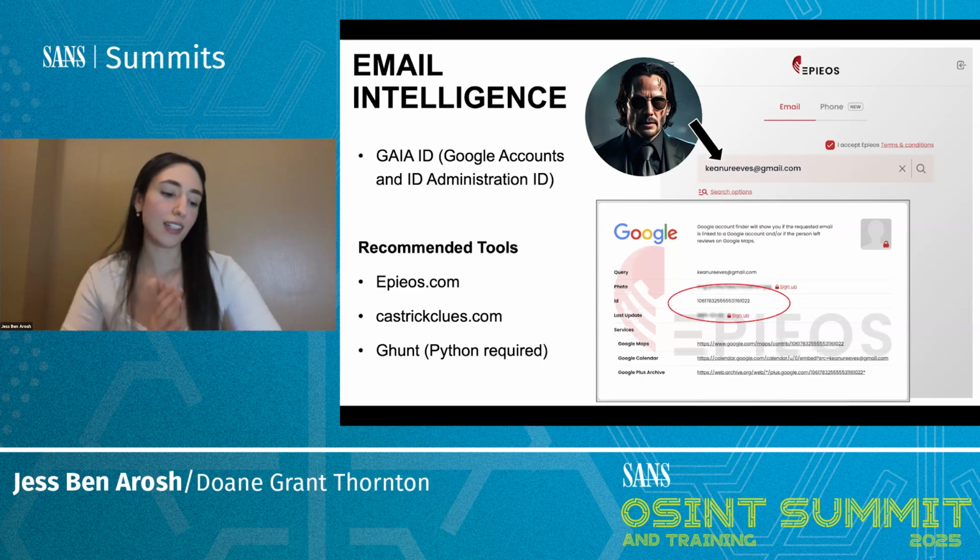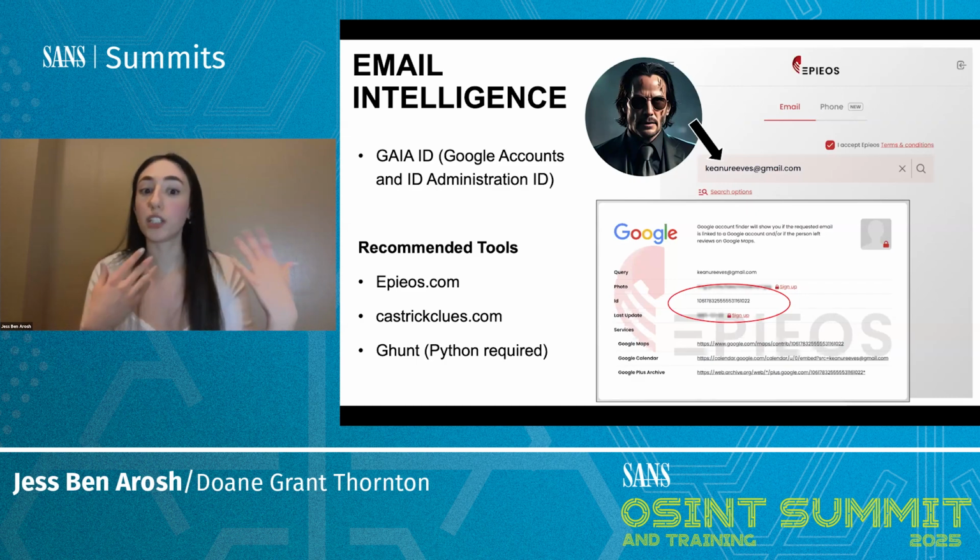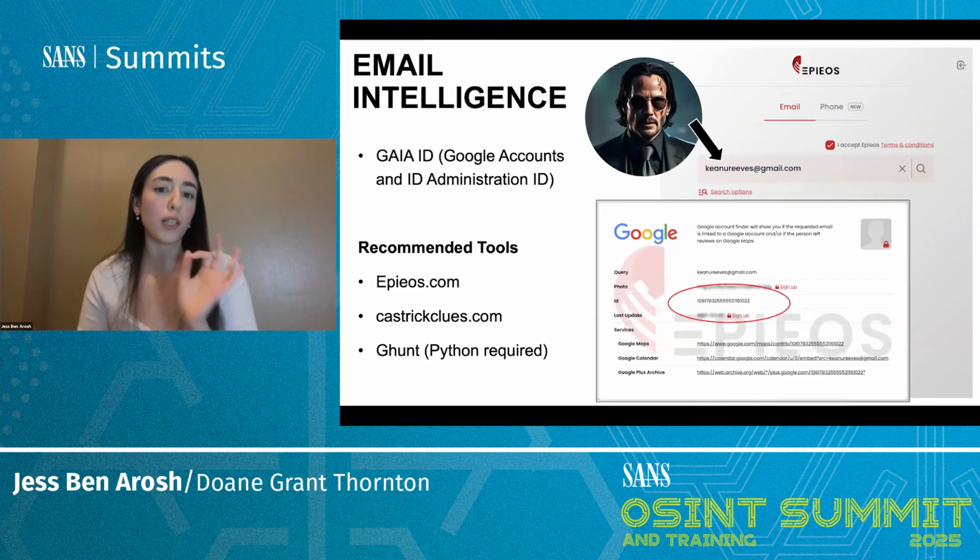I'm going to call it the Gaia ID. That's the unique identifier that is attached to Google products. Think Gmail, Google Drive, Google Maps, even YouTube. Not all products that have a Gaia ID would be publicly visible, but some are, and it can be super useful.